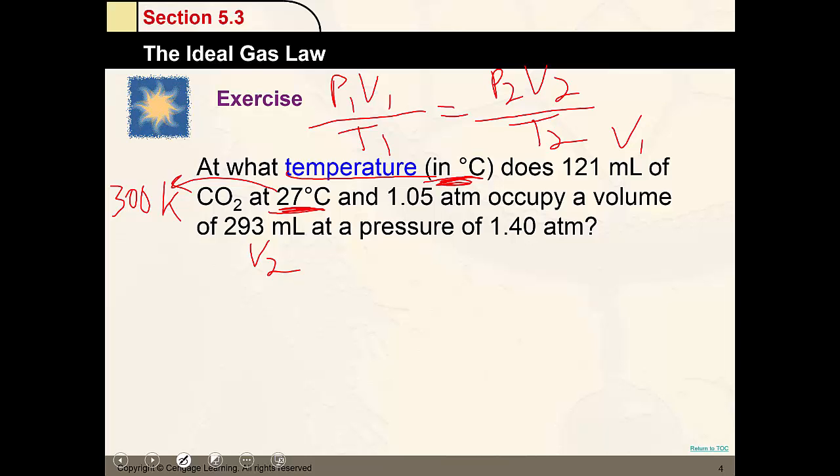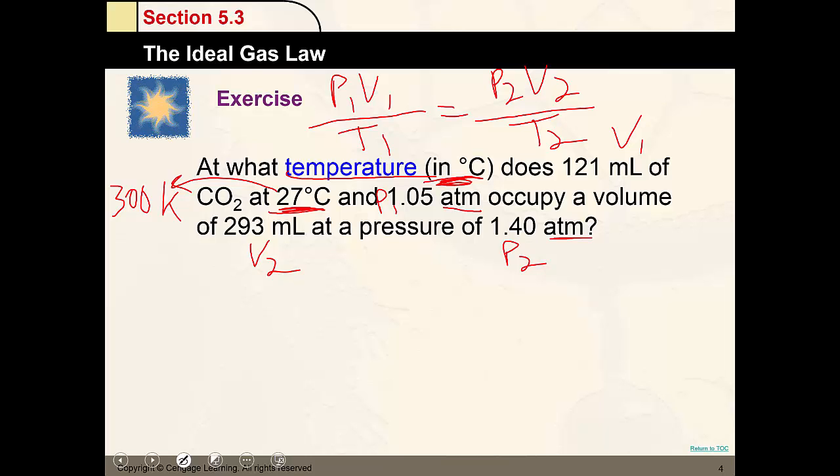And same thing here for our initial P1 and P2. Both of those are in atmospheres, so we do not need to convert them. But in this case, if we're using the combined gas law, if they were both in torrs, we would not have to convert them since we're not using our universal gas constant, since we're not using R.